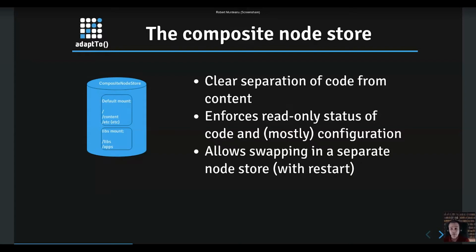What makes this setup interesting is that you can stop Sling, swap out the libs mount with one that is already prepared, and restart it. So it allows this kind of rapid switch that doesn't expose you to, okay, let's deploy bundles at runtime, let's take care that we preserve the same content, etc.